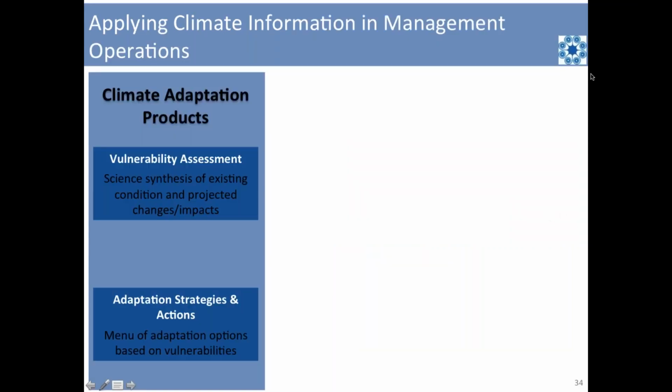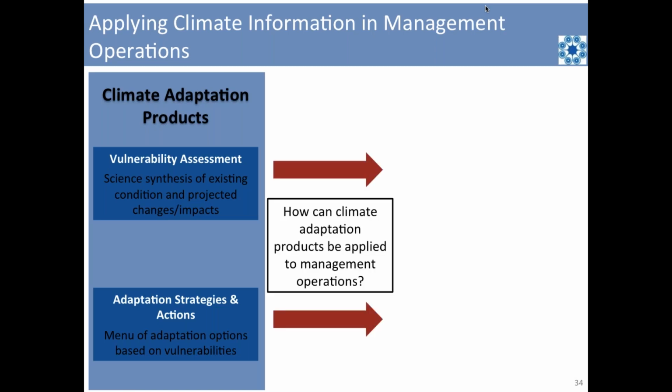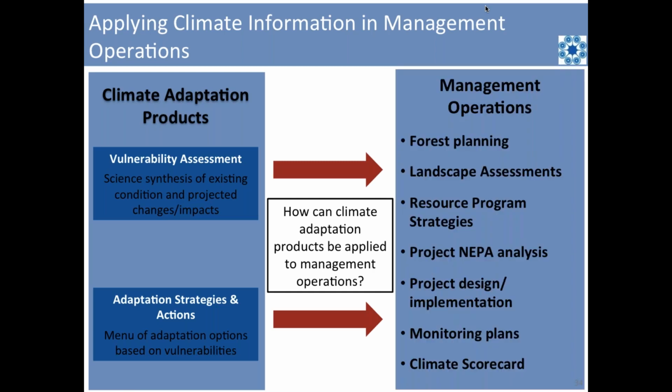So I just really quickly want to touch on how this kind of information can be applied in management operations. We've sort of already touched on it throughout the presentation, but the climate adaptation products that have been created as part of this project, including the vulnerability assessment products and then the adaptation strategies and actions, can be applied to management operations in a number of different ways. And then in the right-hand column, these are just some of the places where they can be applied.